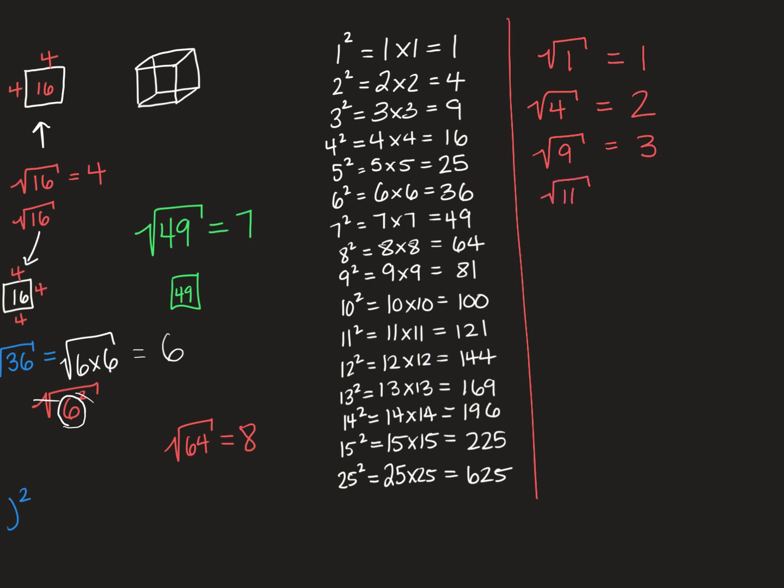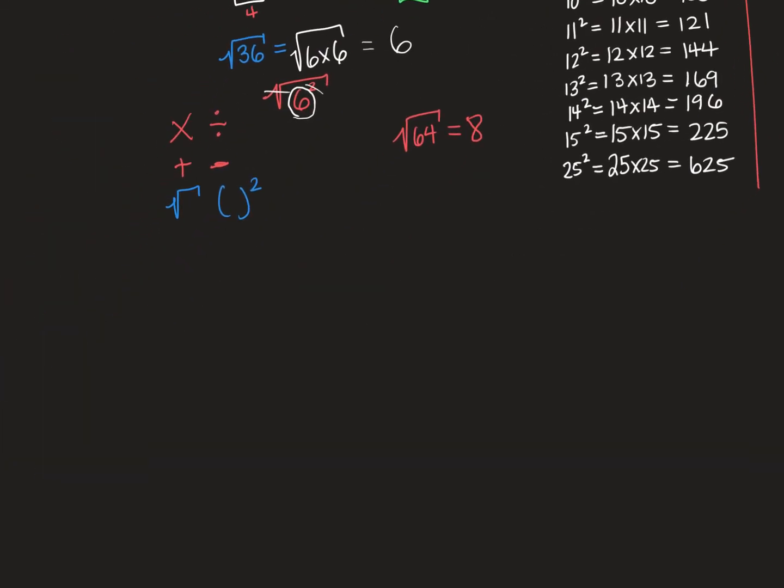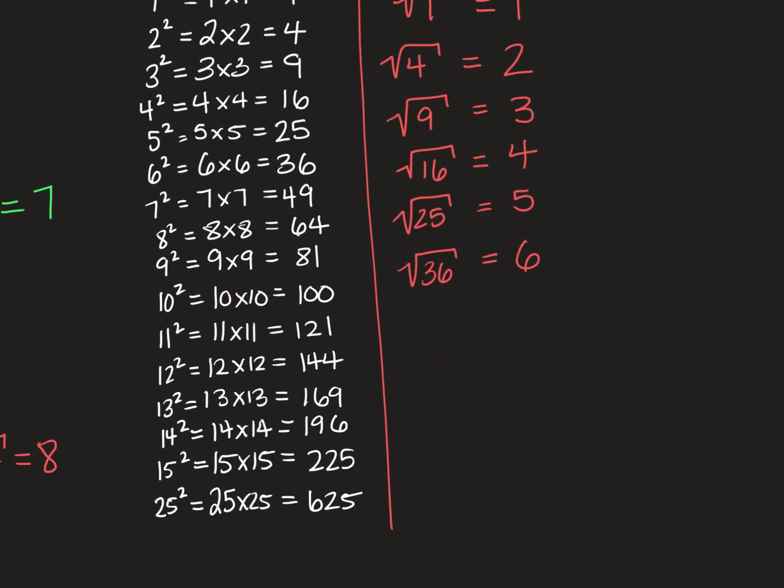The square root of 16 is 4. The square root of 25 is 5. The square root of 36 is 6. Sorry guys. The square root of 49 is what?